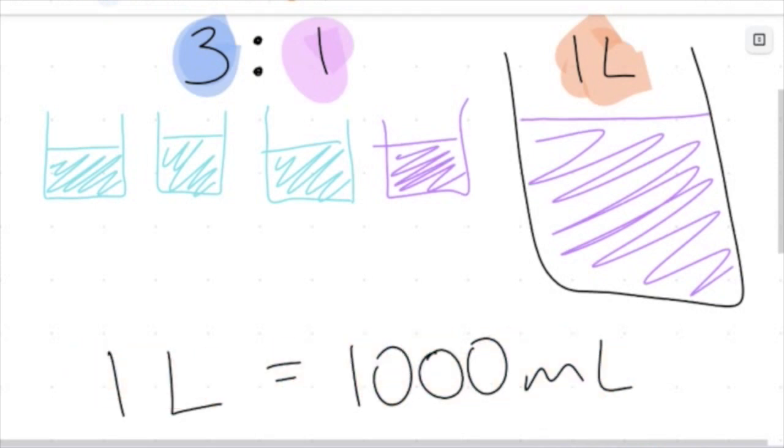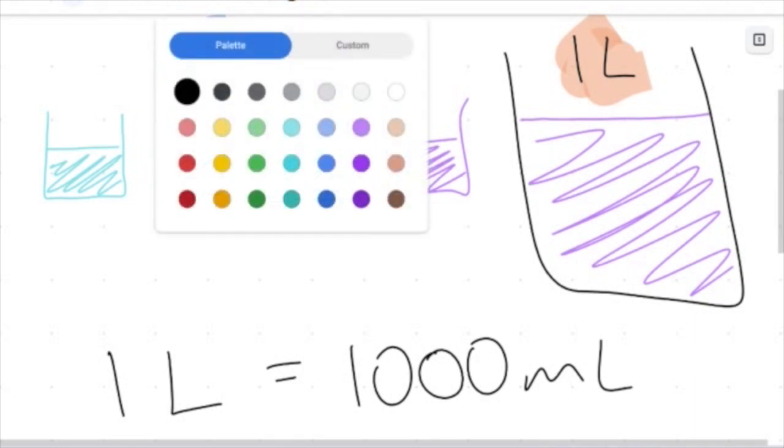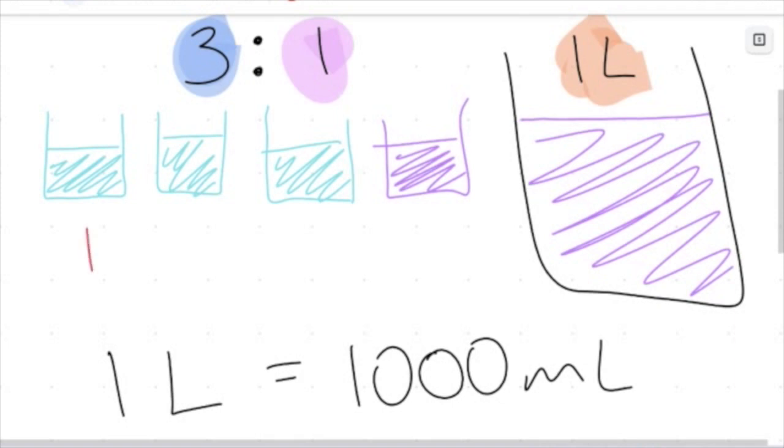How many parts or how many glasses went into making this? So I can just count them here, that I had 1, 2, 3, and 4 total glasses that made up my whole jug of cordial.